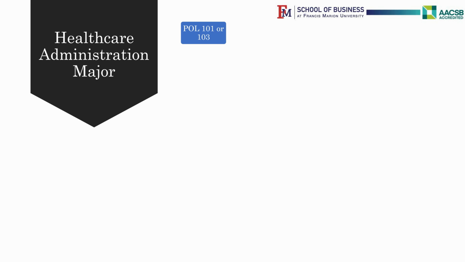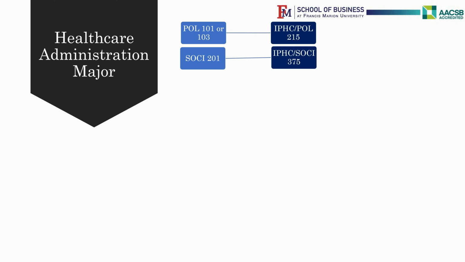Students take Psychology 206-216 as their science requirement, Political Science 101 or 103 as their social science requirement, and Sociology 201 as part of their social science requirement.